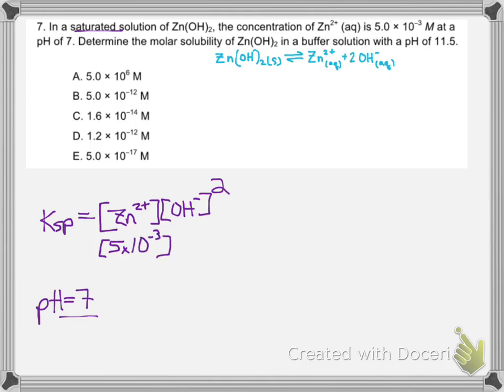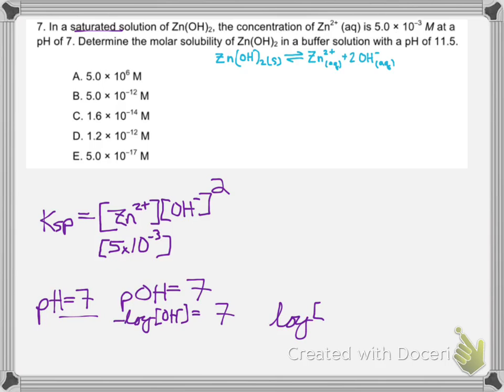And if we know the pH, that means we know the pOH. So the pOH at 25 degrees Celsius would be 7, which means the negative log of the hydroxide concentration is equal to 7. So what we can do is move that negative sign to the other side.